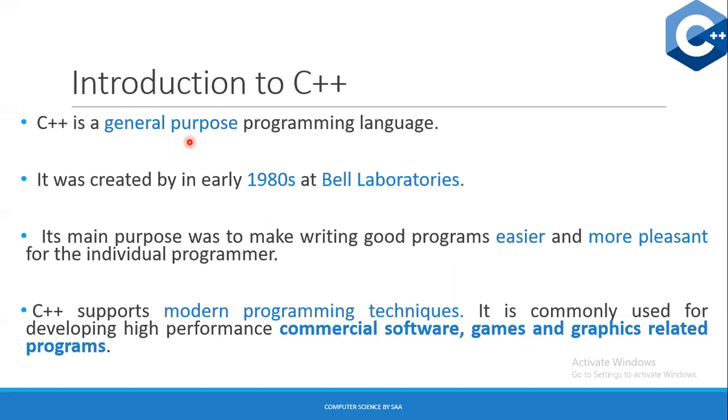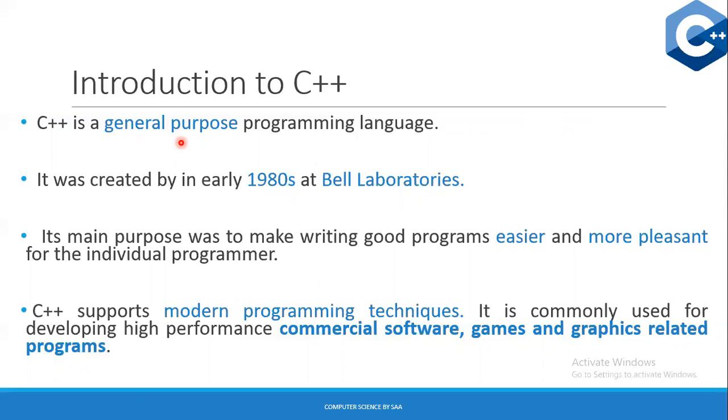One is low-level language and the other is high-level language. Low-level language is directly understandable by computer, but that language is difficult for human beings to learn. So human beings use high-level languages in order to communicate with computer.